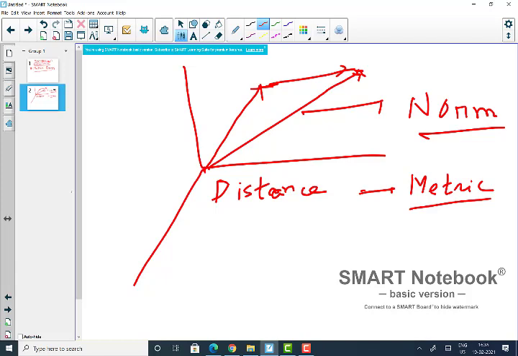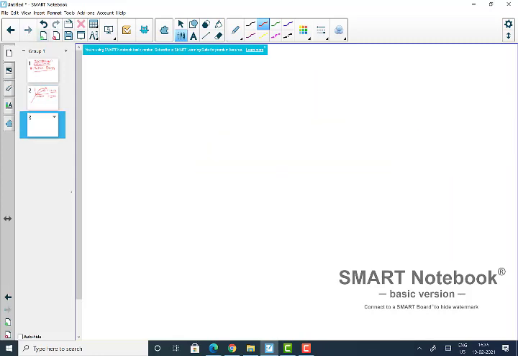Now how do you generalize this idea of distance in an arbitrary space? So let me define it first. Let X be a set, and then you want to check whether you have a metric or not. So how do we define a metric?